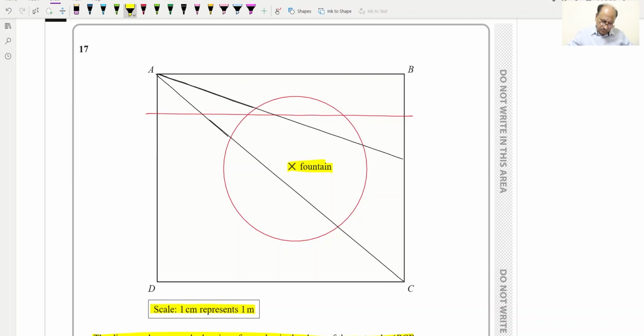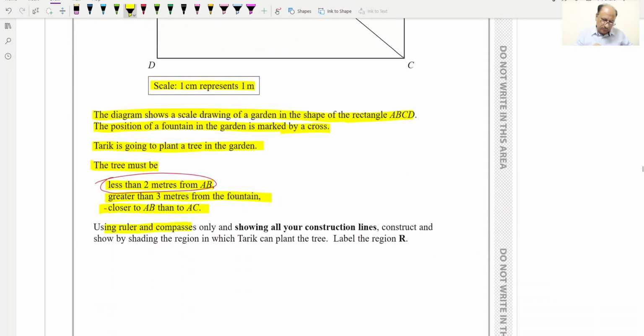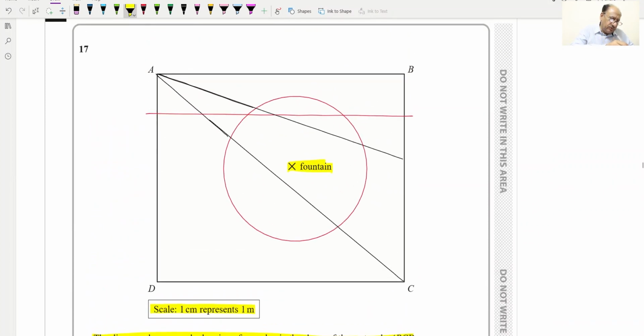They're saying using ruler and compasses only, show all your construction lines, construct and show by shading the region in which Tariq can plant the tree, label the region R. If we discuss construction arcs, for the angle bisector, first of all we need to join AC, which we have done with this straight edge or ruler, and then we have to draw the angle bisector.